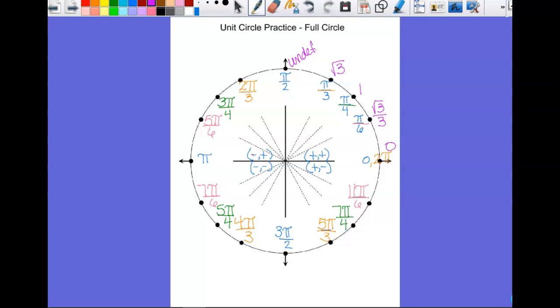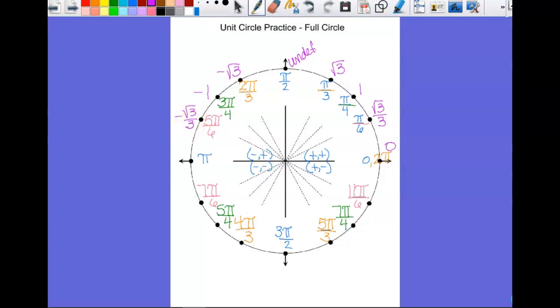And my reference angles work again, because if this pi thirds is the square root of 3, that's the number that goes with 2 pi thirds, because that's my reference angle, but I'm in the second quadrant, so it's negative square root of 3. 3 pi fourths would still be 1, but I'm in the second quadrant, so it's negative 1. 5 pi 6 would be negative square root of 3 over 3.